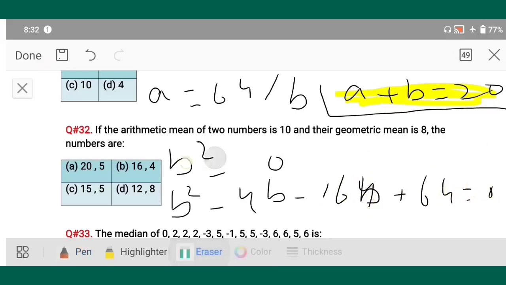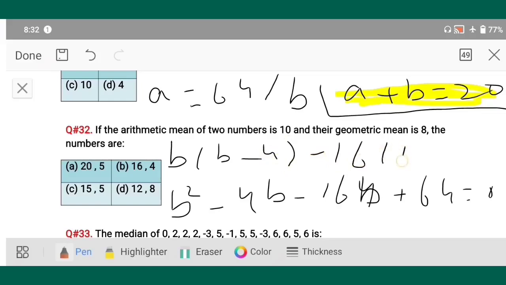So this gives b square minus 4b, here b is common, so b minus 4, and minus 16 is common, so b minus 4 equals 0.